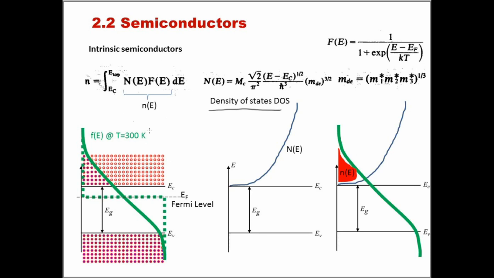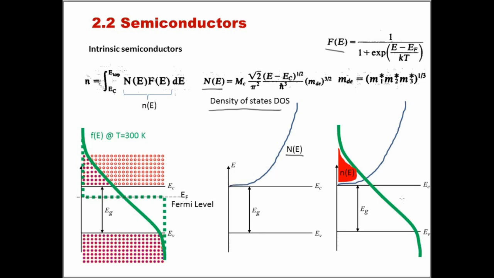And we can calculate the electron density with this integral on these two functions, Ne(E) and Fe(E). Effectively, if we realize that Ne, the density of states, is a function that goes in this way as a function of energy, we will see these things in more detail later on, but let's take this result for now.